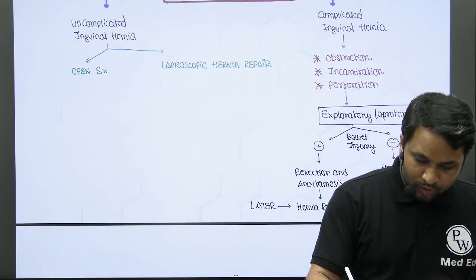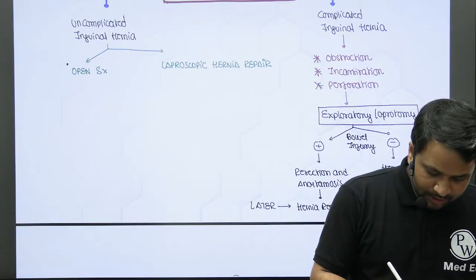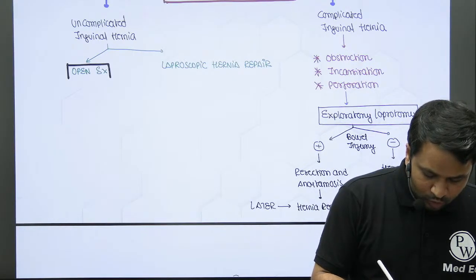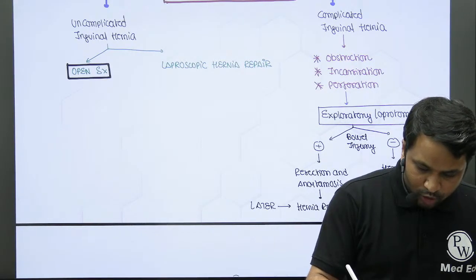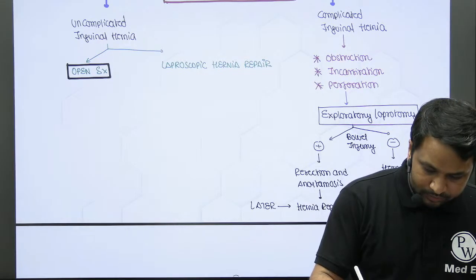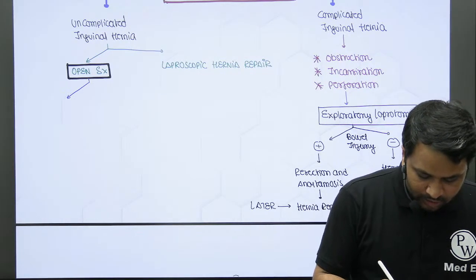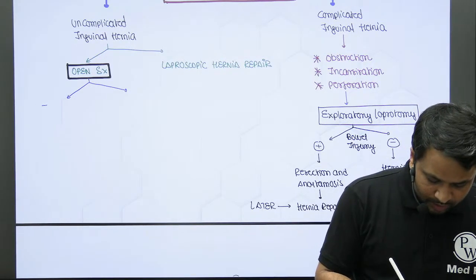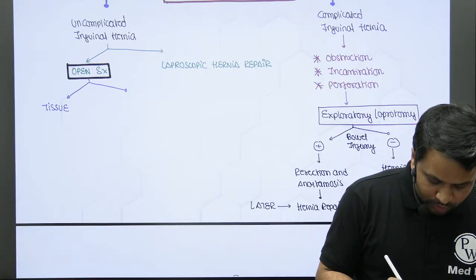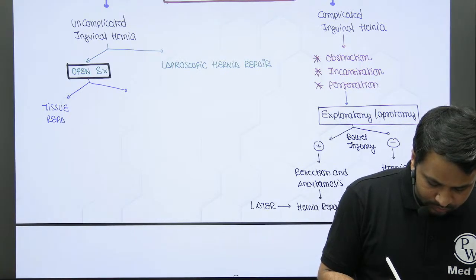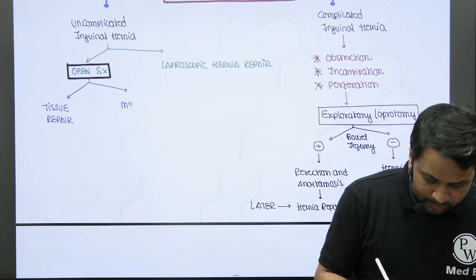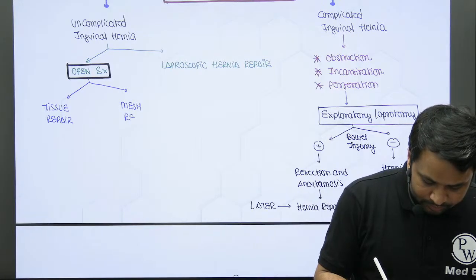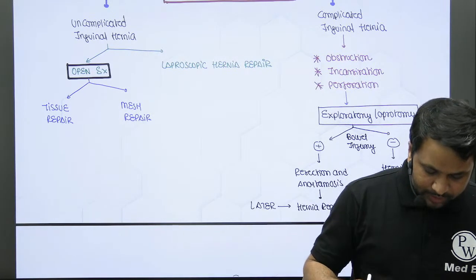Now, when you opt for open surgery, you have two methods. One is pure tissue repair, and the other is mesh repair. So either we are going with tissue repair or we are going ahead with mesh repair.